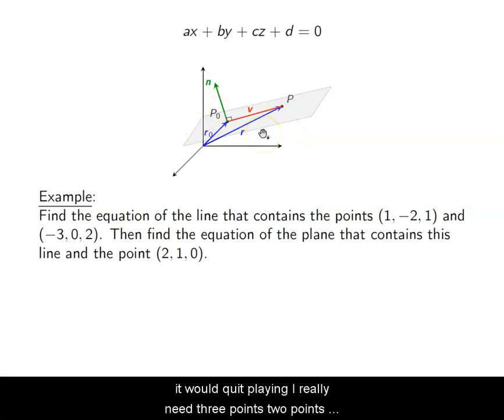So in order to create a plane, I really need 3 points. 2 points is not enough, because you could just think about a piece of paper that's spinning. There are all different ways for you to create a plane through 2 separate points, or across a line. I need a third point for me to say, this is where that plane has to go through.